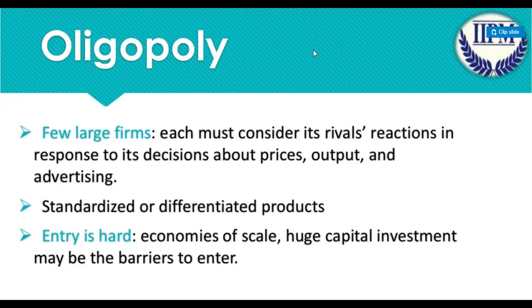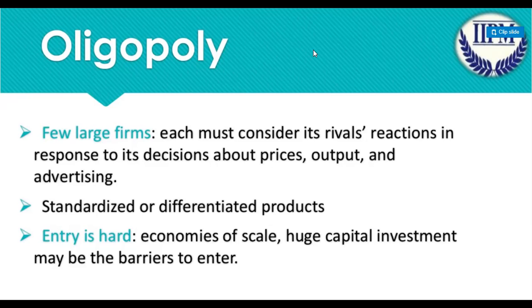There exists severe competition among the different firms, and each firm tries to manipulate both price and volume of the product to outmatch each other. For example, the market of automobiles in India is an oligopolistic structure as there are only a few producers of automobiles.